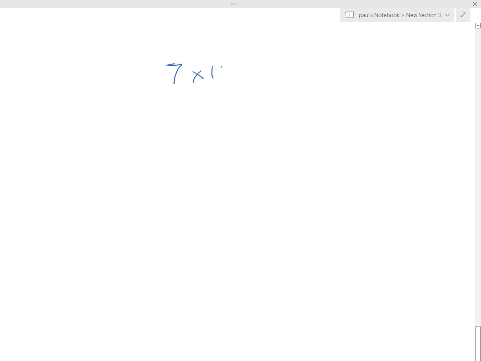7 times 10 to the 5 add 8 times 10 to the 6. Remember that these have got to be the same in order to add. But they're not the same, are they? So let's make them the same. Let's make that 10 times bigger and call it 10 to the 6.